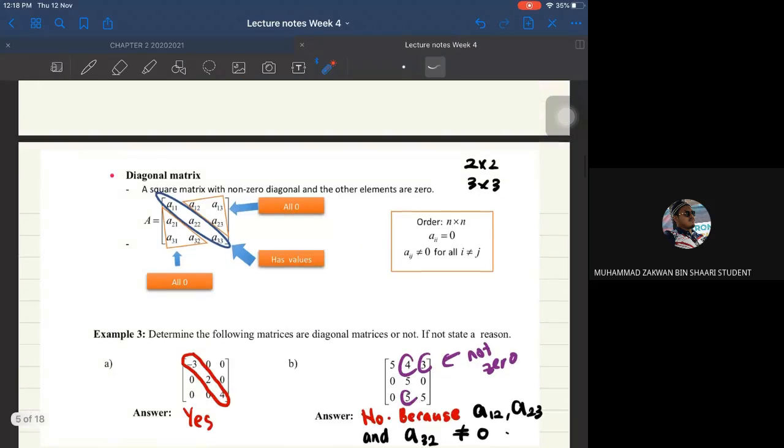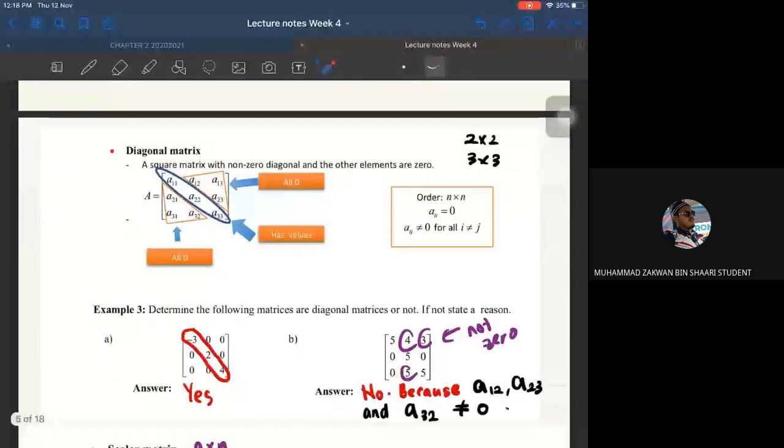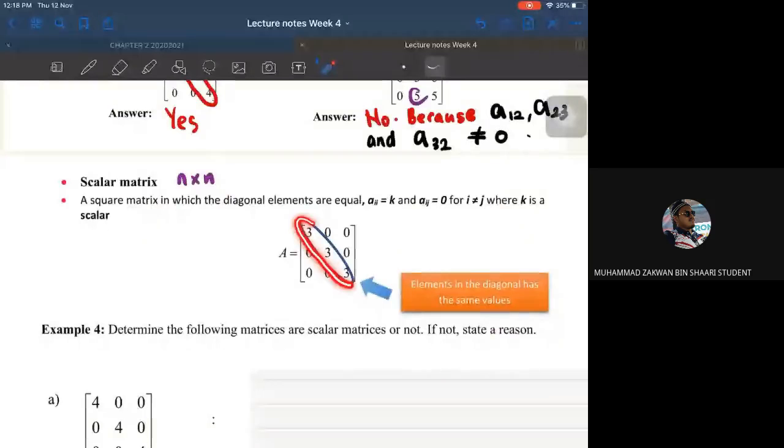For a diagonal matrix, the others are also zero, but in the middle it can be any value. But for scalar matrix, the diagonal is the same number, and the second condition is that all the others must be zero. So Aii is equals to k, Aij is equals to 0 for i is not equals to j, where k is a scalar. It must be the same value.